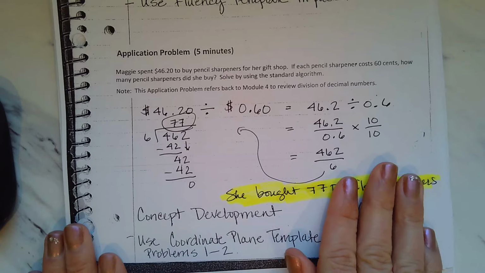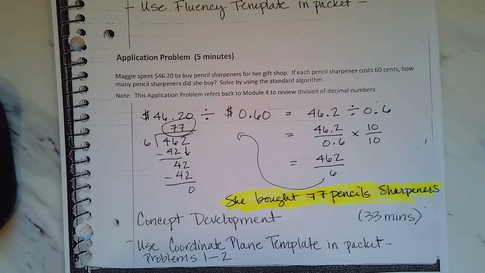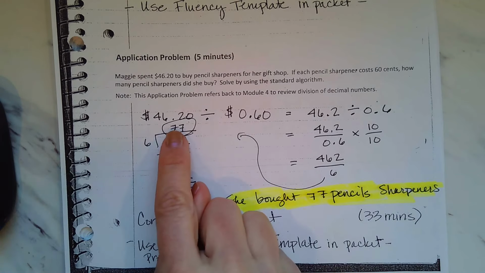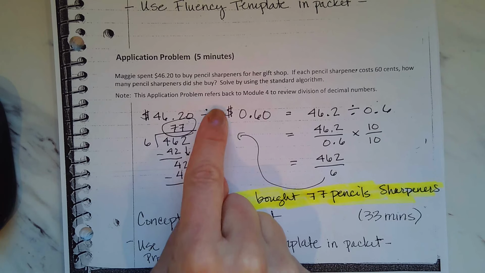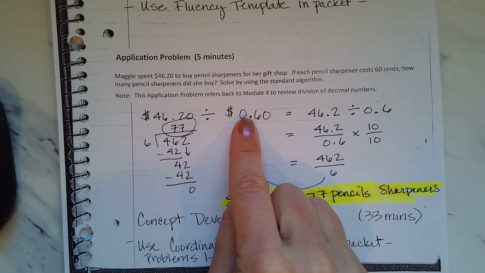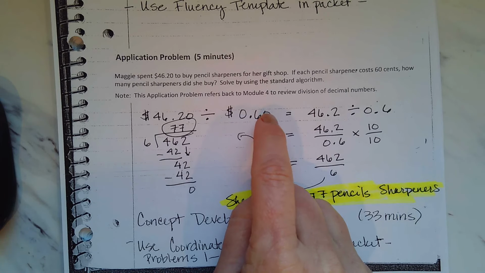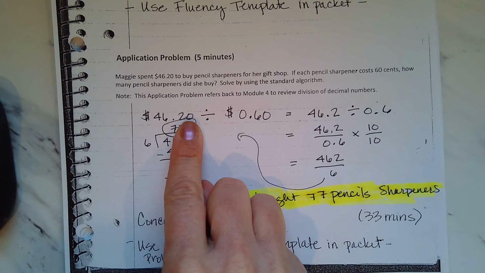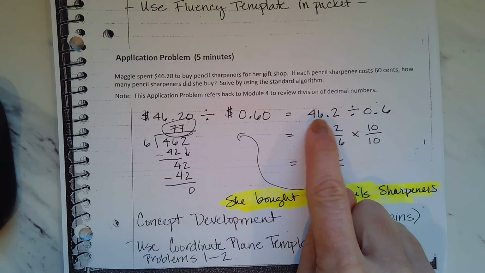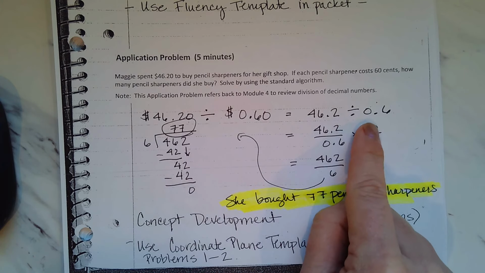All right, so remembering back to Module 4, we start with $46.20 divided by 60. We're going to divide 60 cents into $46.20. So moving along, 46.2 divided by 0.6.